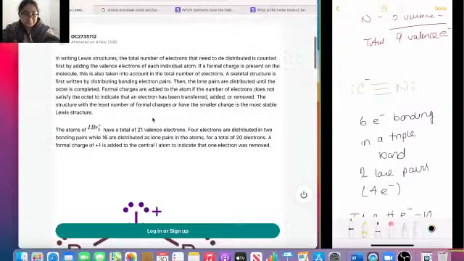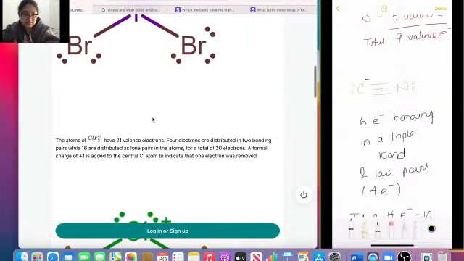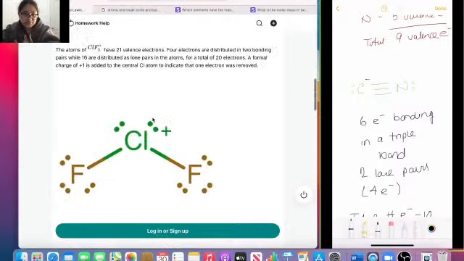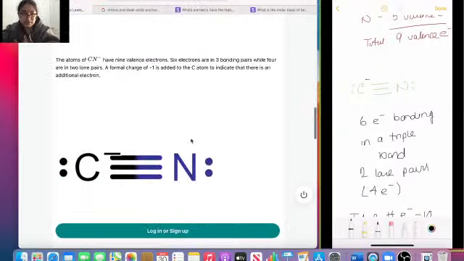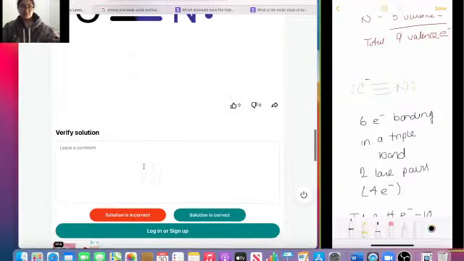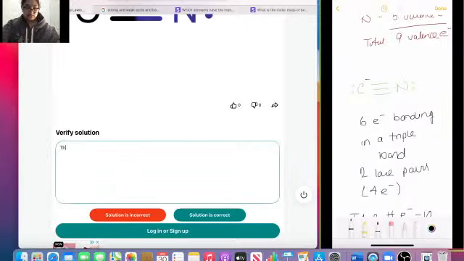So we have here what we have drawn, and the last one has a negative charge. So the solution, correct.